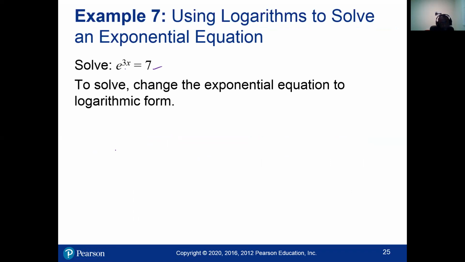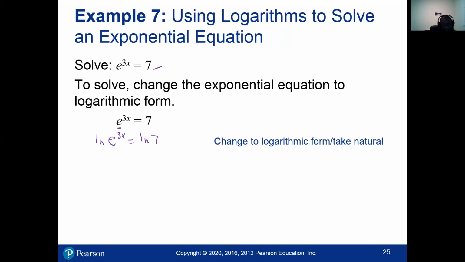Since we have e as the base, it's a natural log. To change this to logarithmic form, take natural log on both sides: natural log of e raised to 3x is equal to natural log of 7.